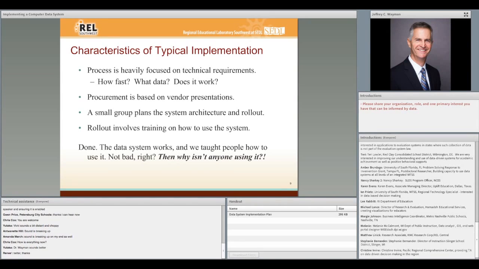Sometimes that small group number is one champion who takes care of buying the system, deciding what we're going to have in it, how it's going to work, where it's going to be rolled out, when it's going to be rolled out, and all those things. We see a lot of instances where this planning is done by a steering committee. But still, this is a relatively small group of people.